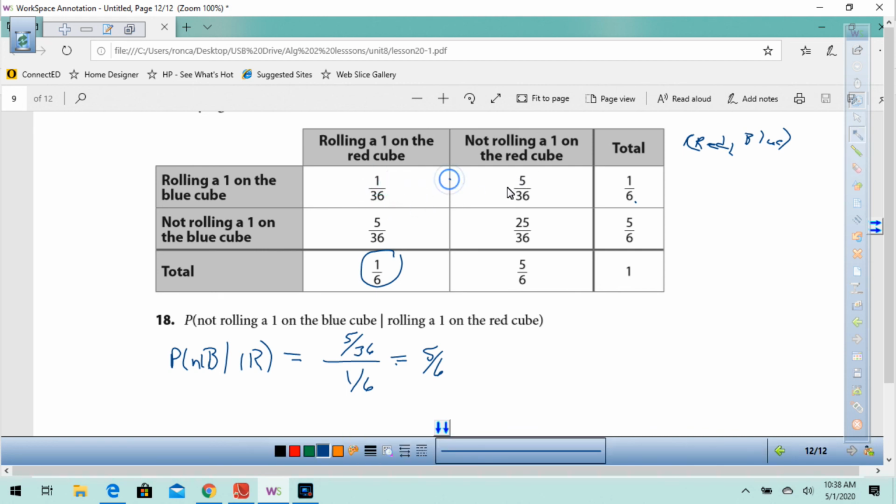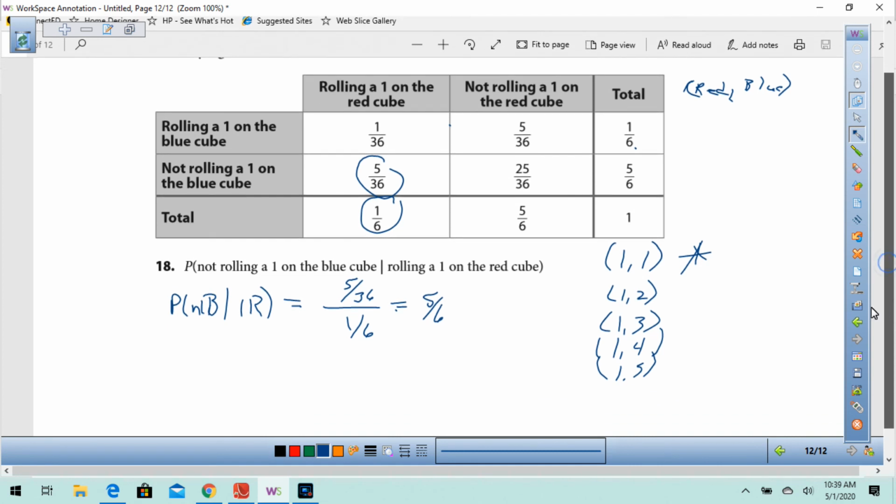Oh, sorry, I got that there. Not rolling a 1 on the blue cube, and rolling a 1 on the red cube. That's where I got those from. Now let's think about it. You got 1, 1, which we did not want. Okay, that's what we didn't want. Then you got 1, 2, you got 1, 3, you got 1, 4, you got 1, 5, and 1, 6.